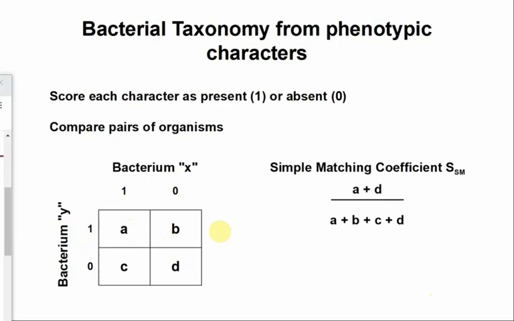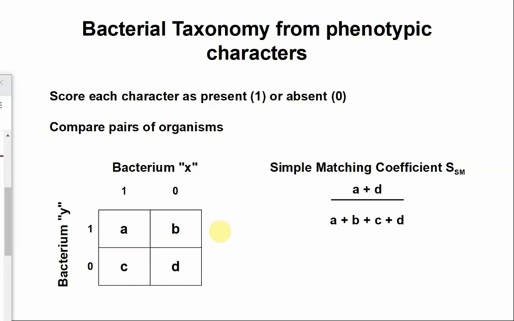So, the simple matching coefficient is the characters that are shared by both species of bacteria and the characters that are absent from both species, divided by the total number of characters you have looked at. So that's a simple matching coefficient. This might not be so good because is it really relevant to count things that are absent?